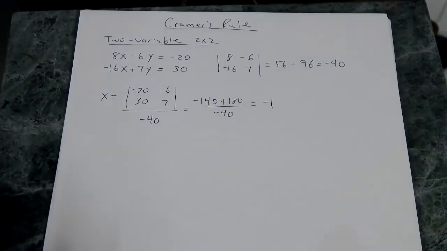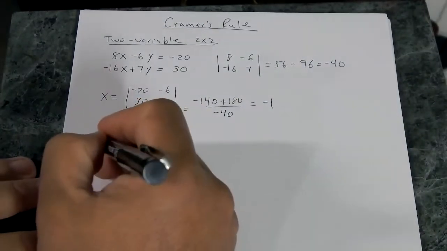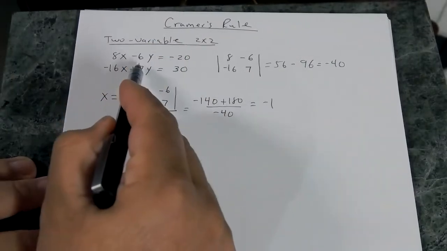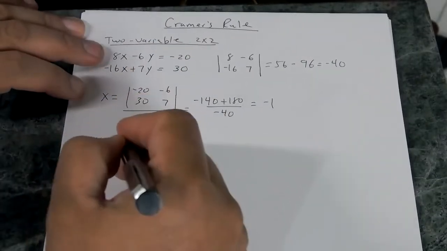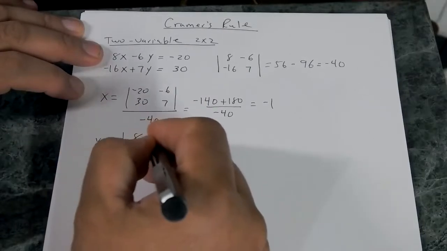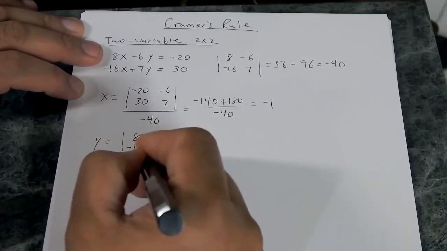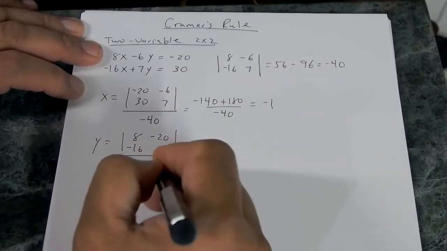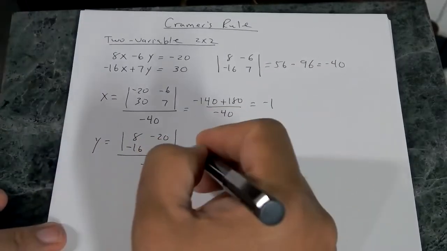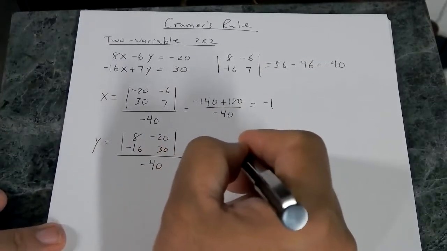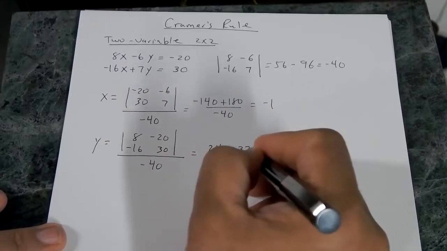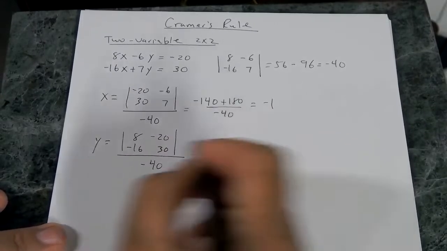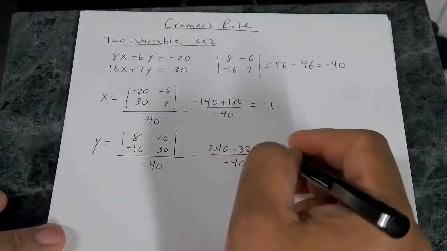We're going to do the same thing for y. To solve for y, replace the y column with the solution. So I have the matrix 8, negative 20, negative 16, and 30, divided by negative 40. We end up with 240 minus 320 over negative 40, and again, you can do this in the calculator.